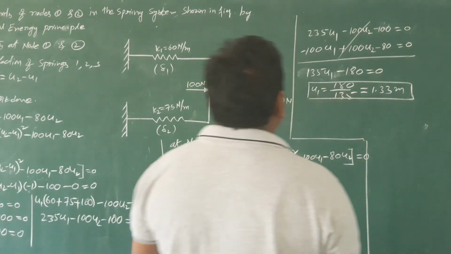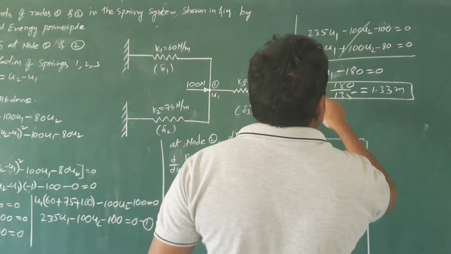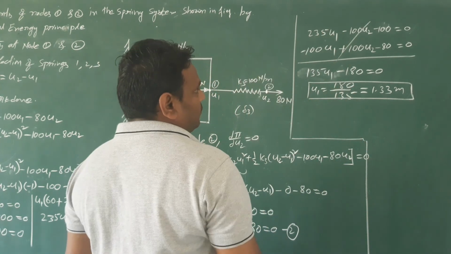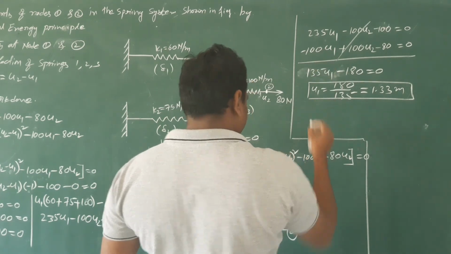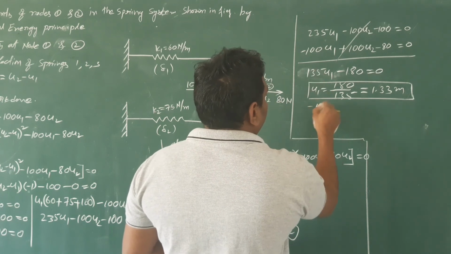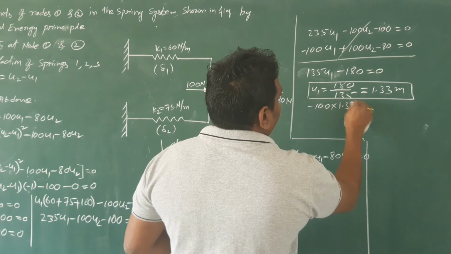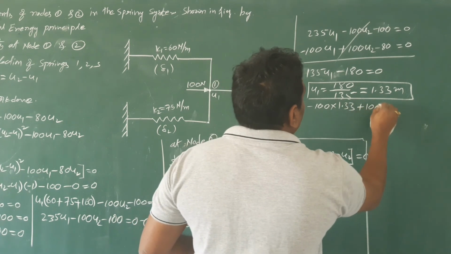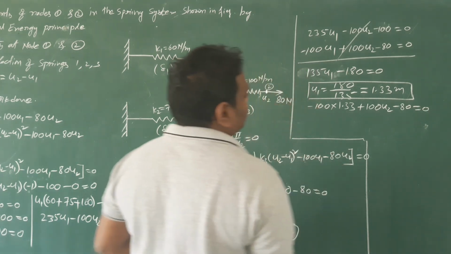Now substitute the u1 value in any one equation and we will get the u2 value. So substitute this value in the second equation here. We know that minus 100 into 1.33 plus 100 into u2 minus 80 is equal to 0.